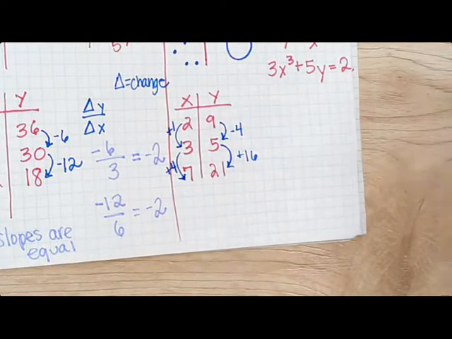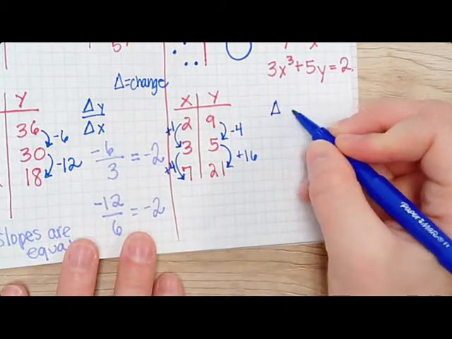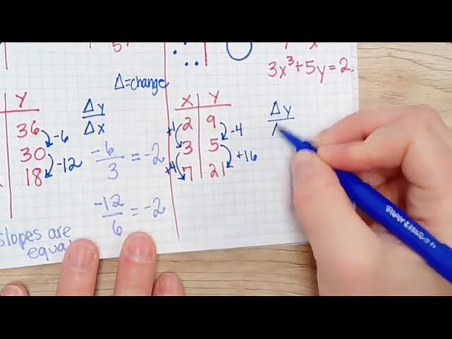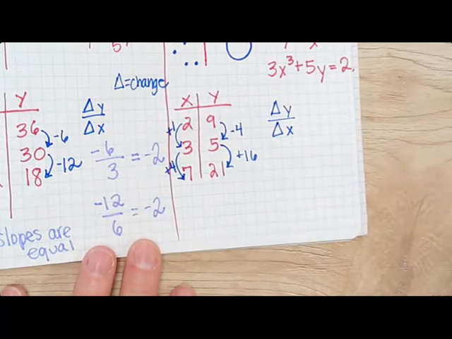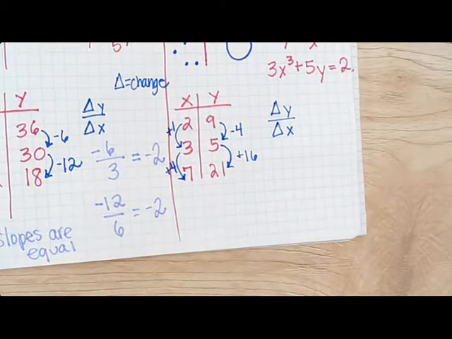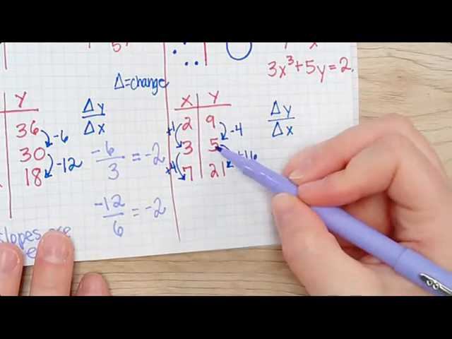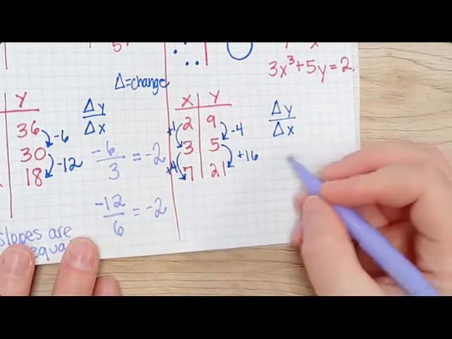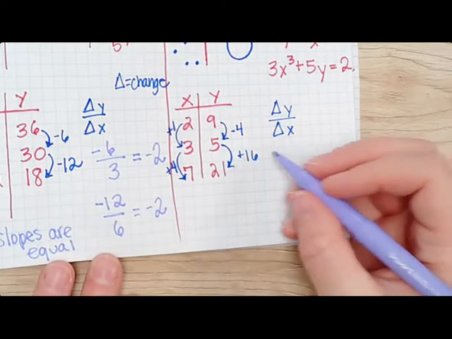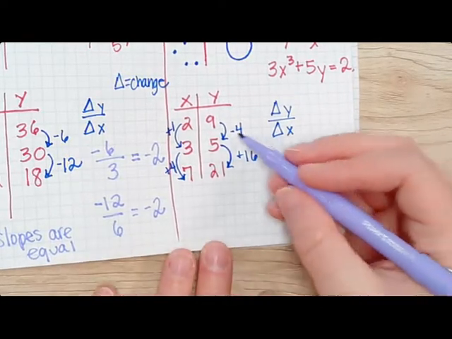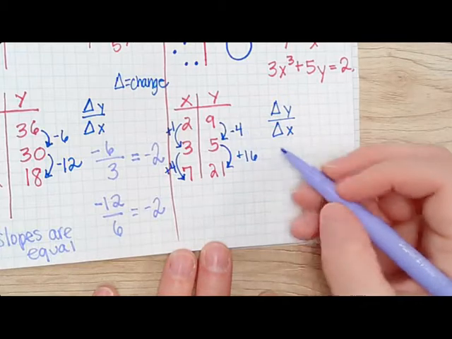So we need to find if they're the same constant rate. So we need to do change of y over change in x. So we'll do the first going from this set to this set. 9 to 5, which was negative 4.